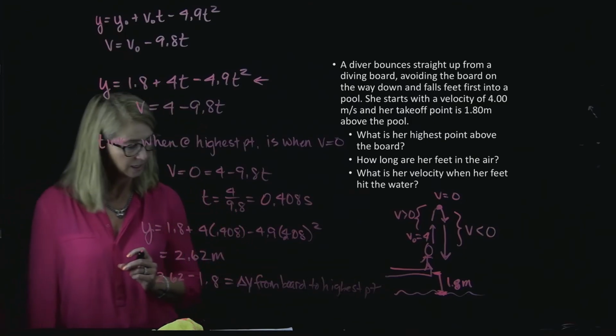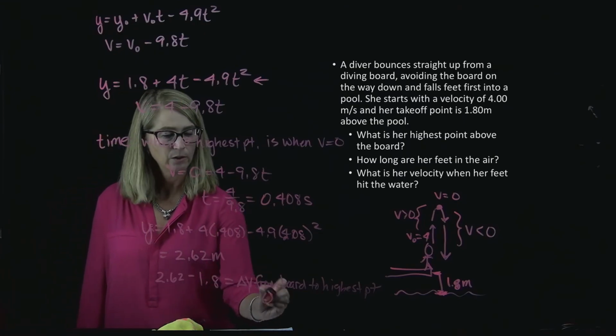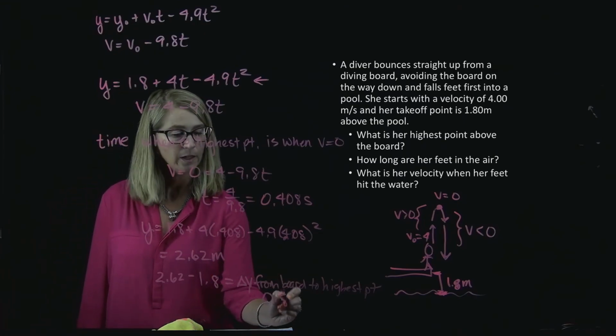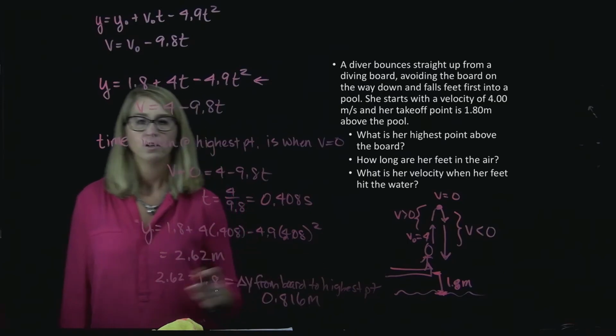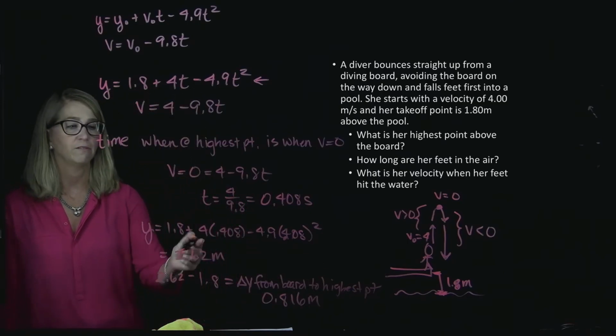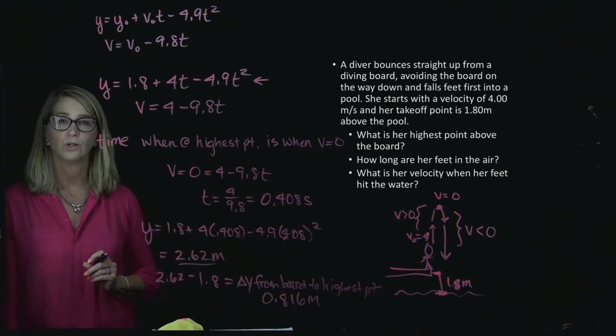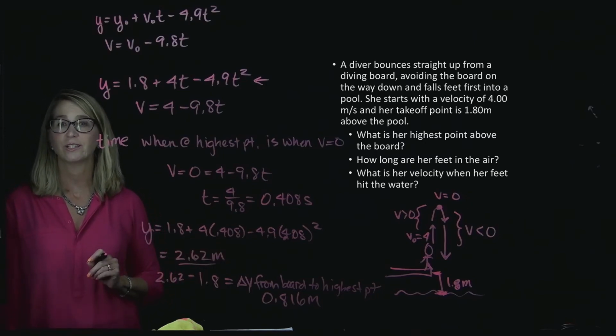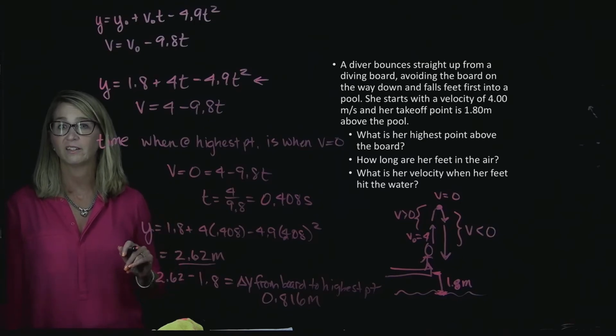And that actually ends up to be 0.816 meters. So she actually only gets 0.8 meters above the board, even though I found this was her position. That was actually the height measured from the water.